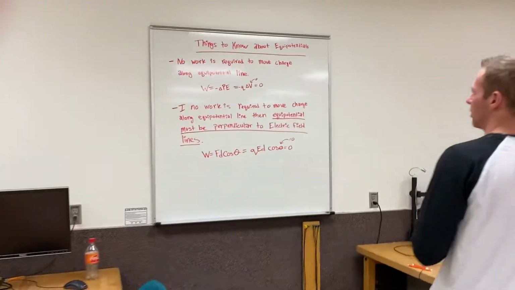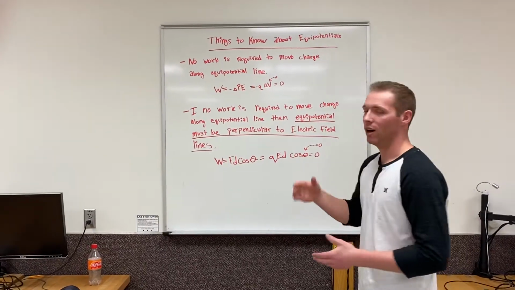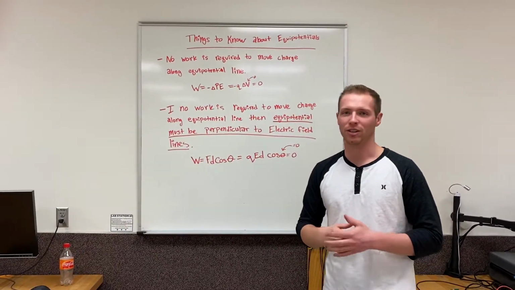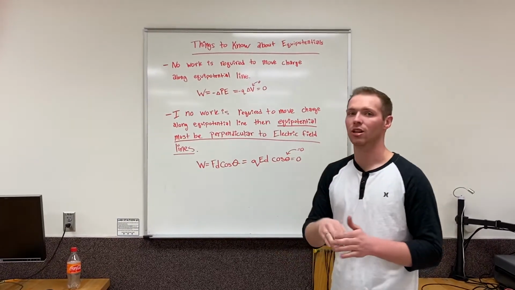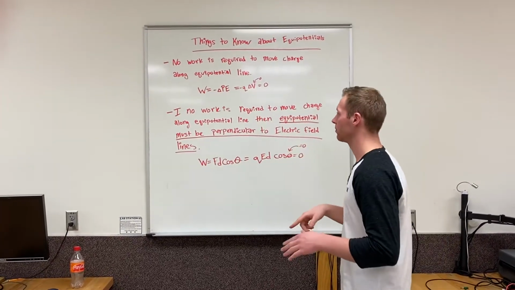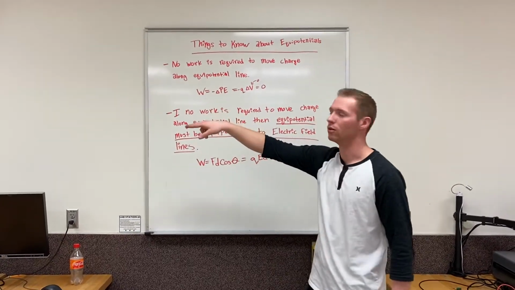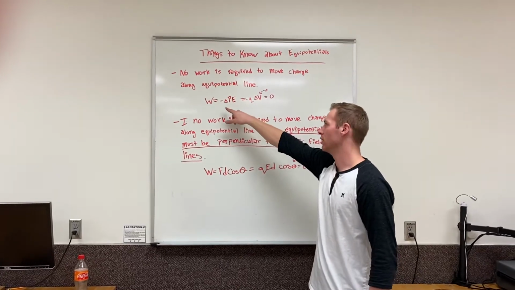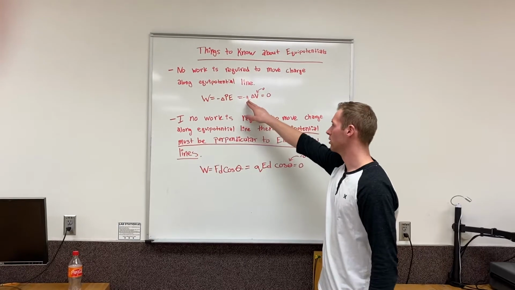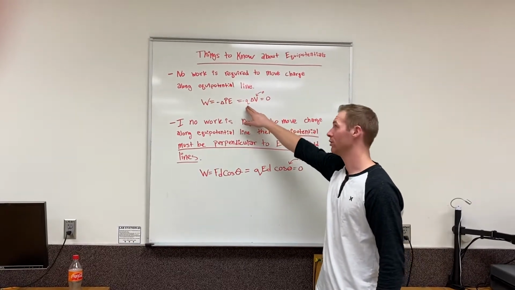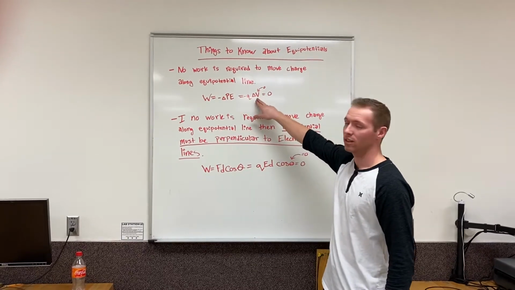So here's a few key things to know about equipotential lines. On an equipotential line, it requires no work to move a charge along that pathway. Work is equal to the negative change in potential energy, which is also equal to the negative charge times the change in voltage.